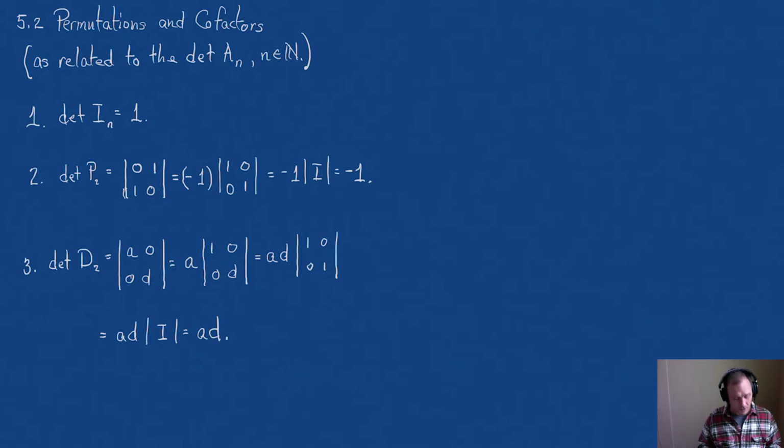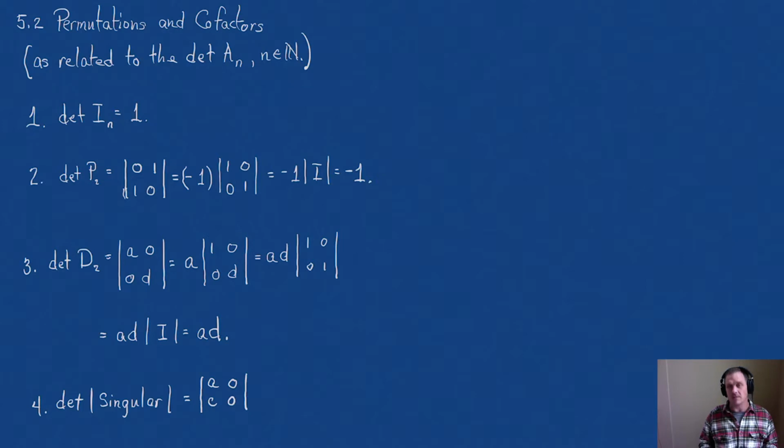Our fourth piece that we need, number 4, is to recall the determinant of a singular matrix. A singular matrix just has dependent columns. So it's of this form, maybe A, C, and 0, 0.